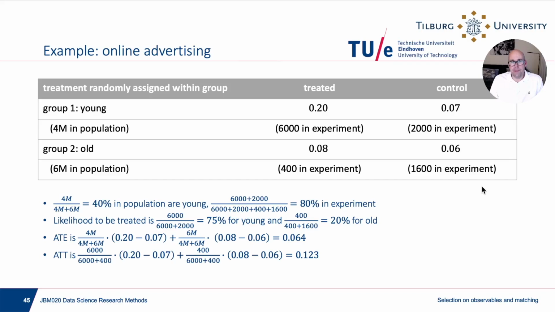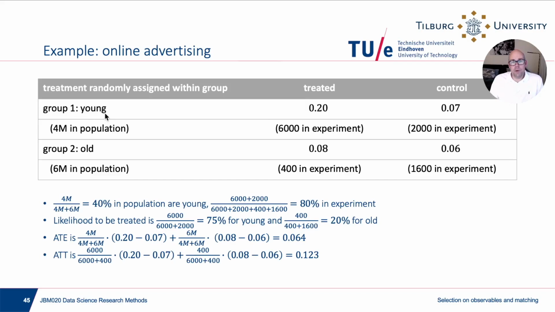Now, what you can do now is to look at the outcomes. These four numbers, 0.2, 0.07, 0.08, and 0.06, are four outcomes for combinations of treatment status and group membership. So 0.2 would be the average outcome among the young people who were treated.